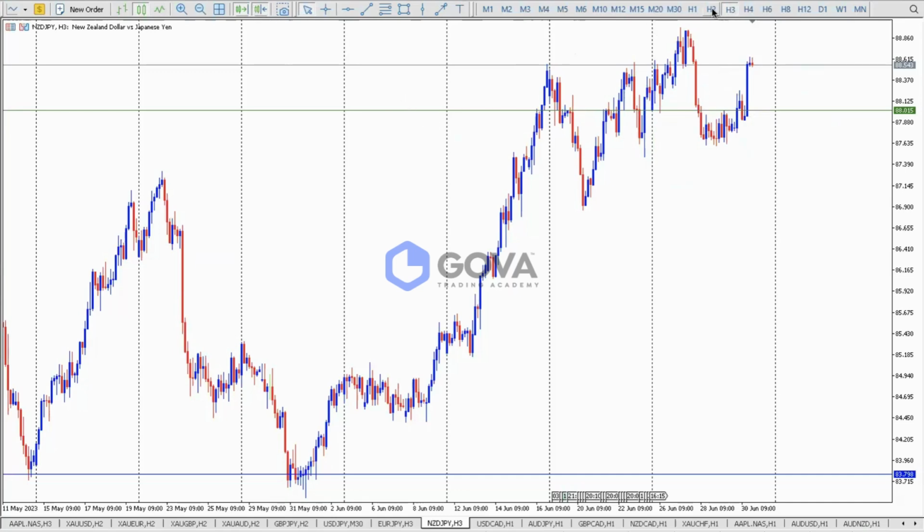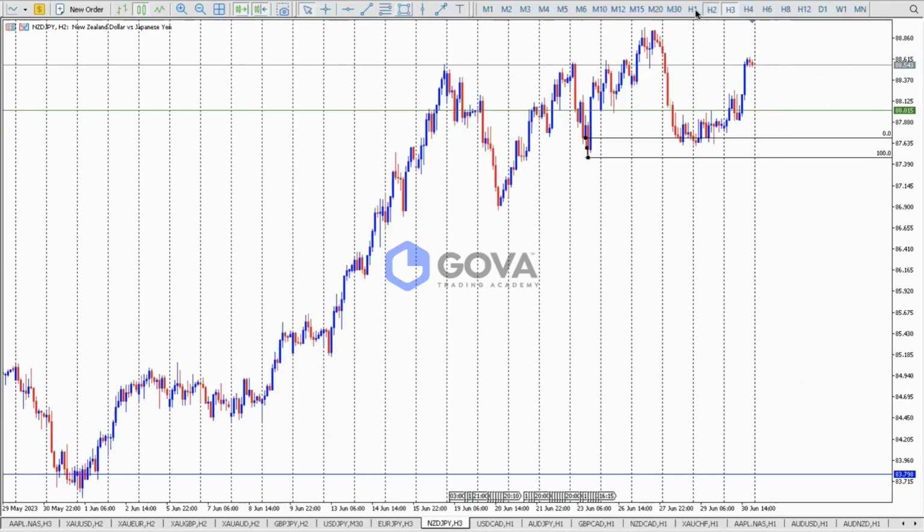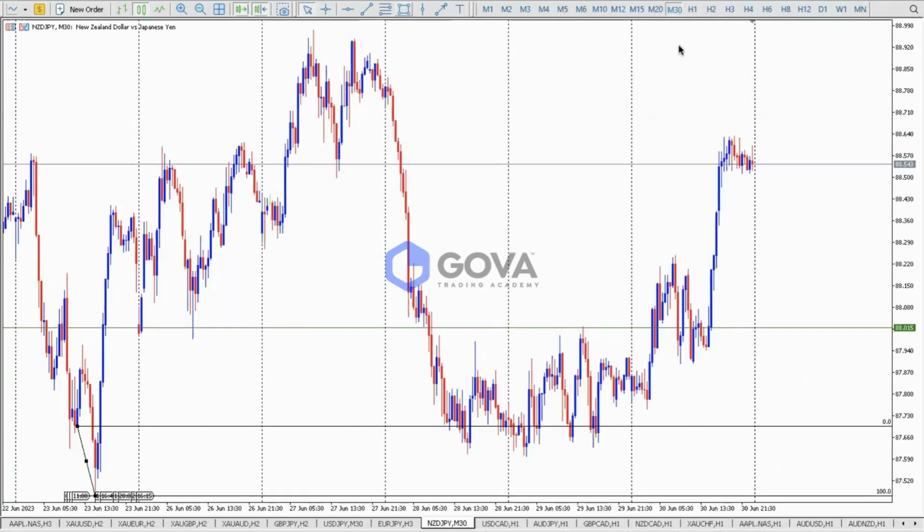So you can see we are in a buy alignment. As you can see, the blue line is down, the green line is up, buy alignment. Now, as I switch lower, I see that the formation is here.